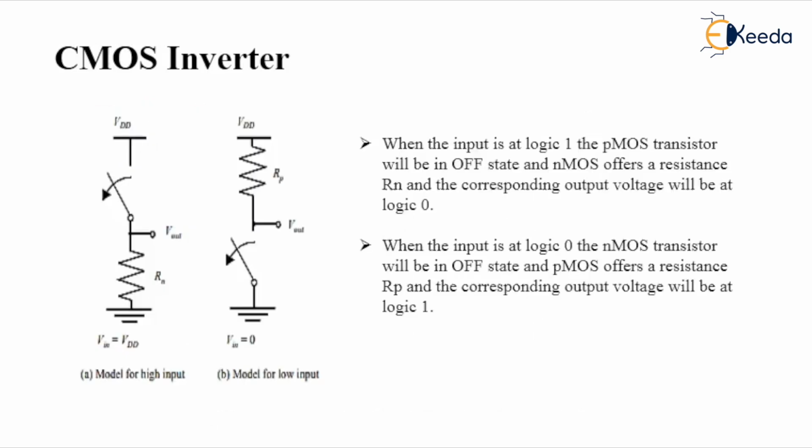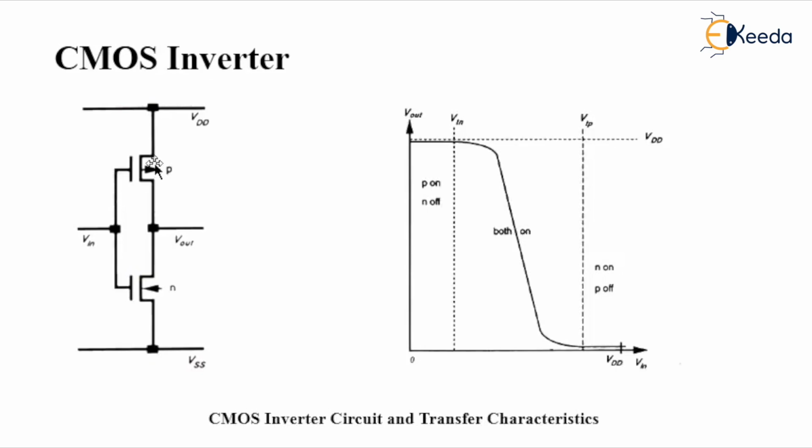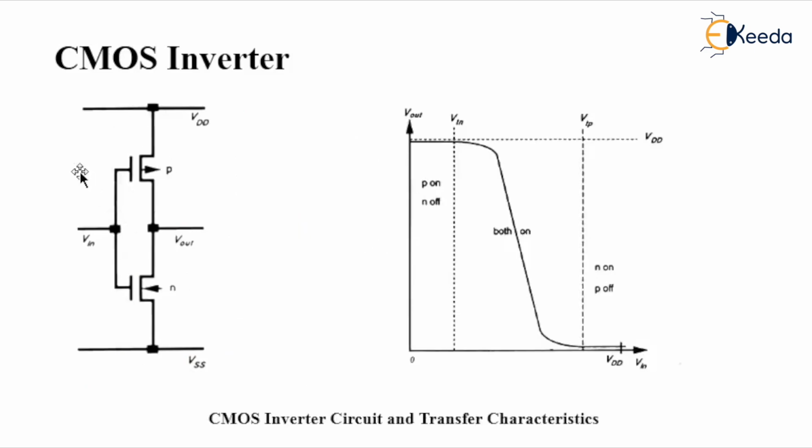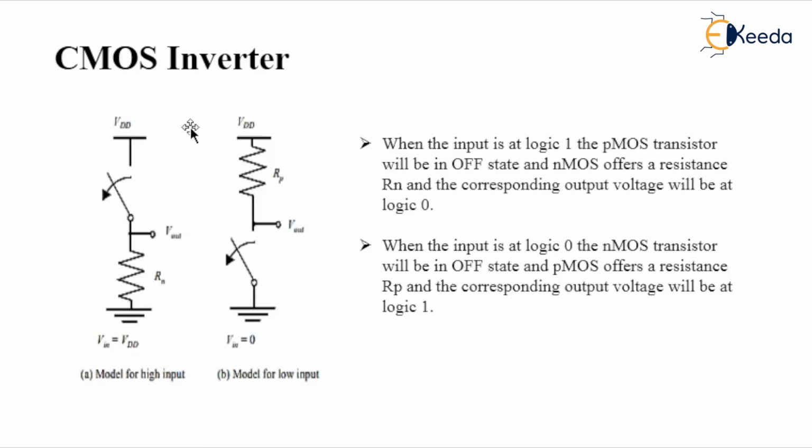If you see this picture clearly, this is the circuit and the internal circuit is this one. If this is a picture of the CMOS inverter, the internal circuit shows this one. When the input is at logic 1, that is when Vin is VDD, the PMOS transistor will be turned off and the NMOS offers a resistance.